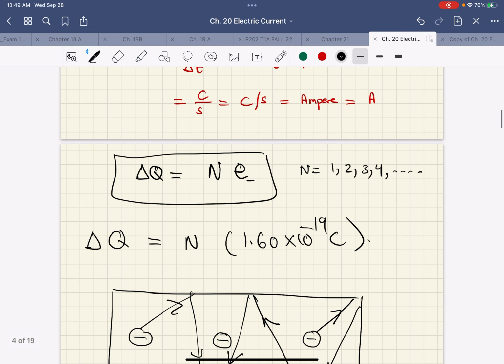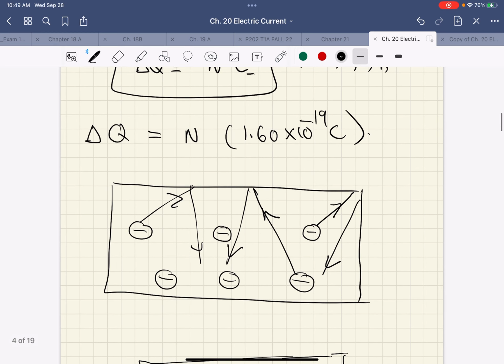Then delta Q is that number of electrons multiplied by the electronic charge, which is 1.60 times 10 to the negative 19 coulombs.